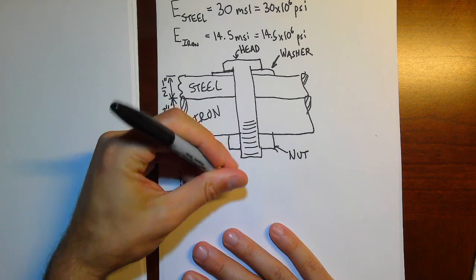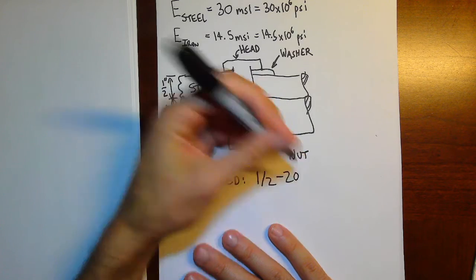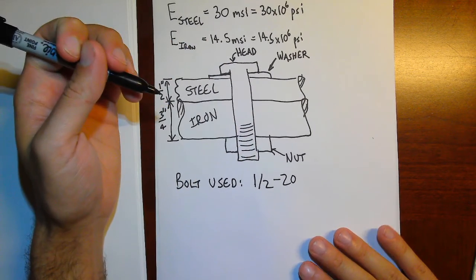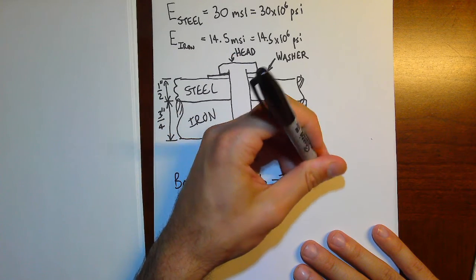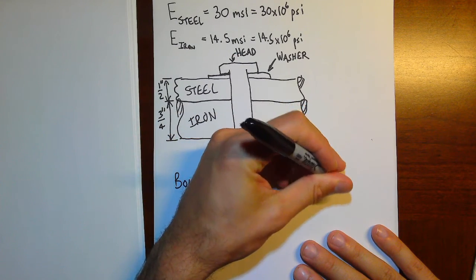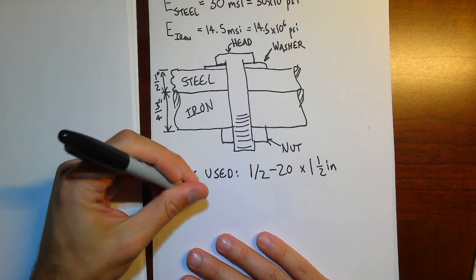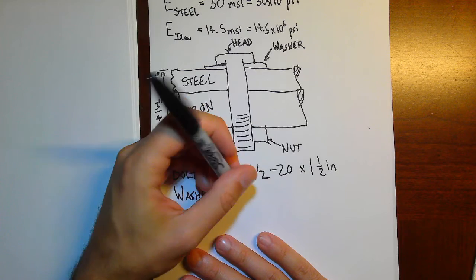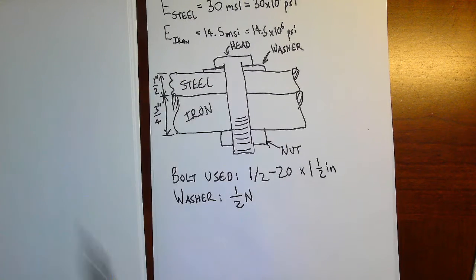This is a 1/2-20 bolt, 1.5 inches long, and the washer is a 1/2 N washer. So this means that's a washer for a 1/2 inch bolt and happens to be narrow.